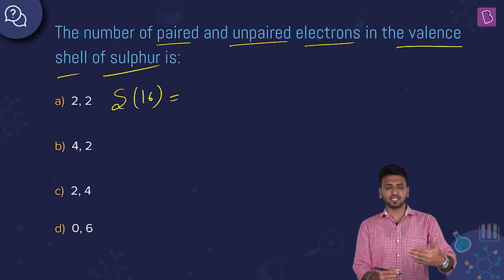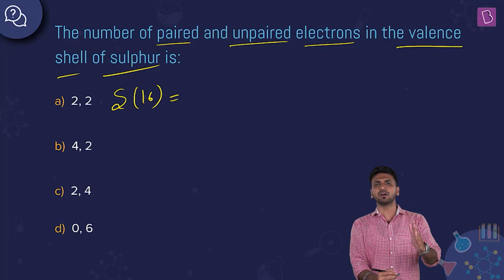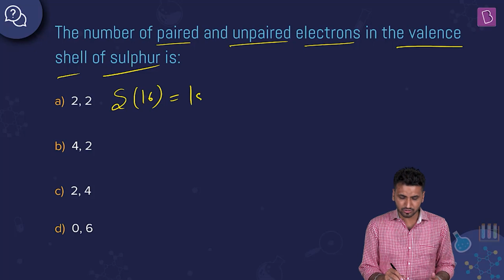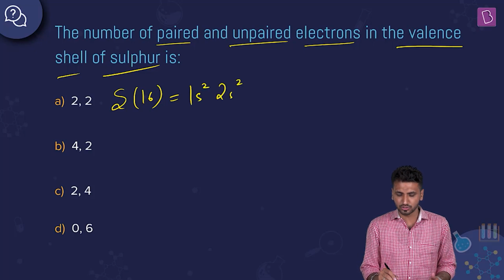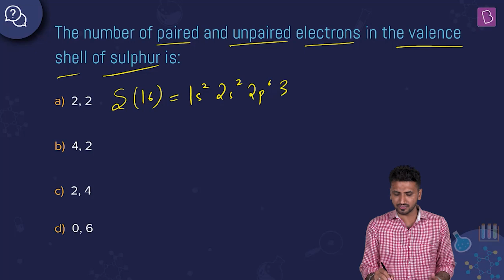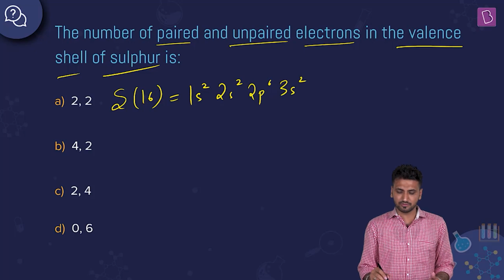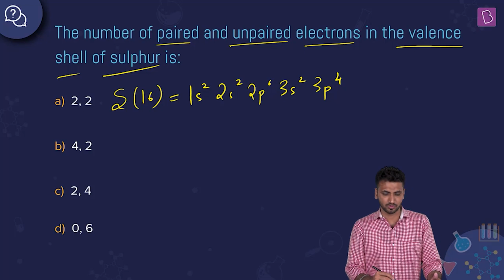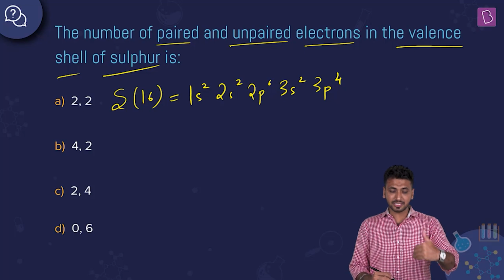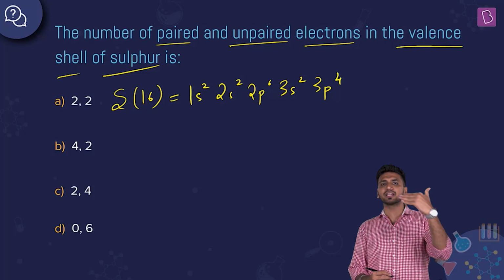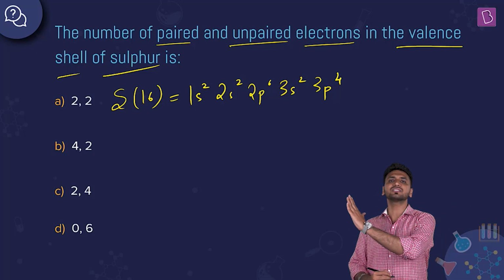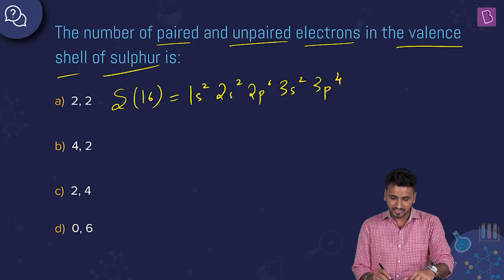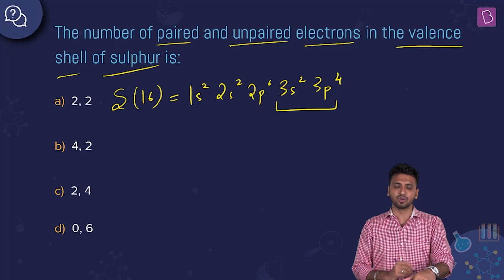So if you just write the electronic configuration according to Aufbau's rules, it will be 1s2, 2s2, 2p6, 3s2, till now 12, 3p4, 12 for 16. Perfect. You have to count the number of paired and unpaired electrons in the valence shell, and valence shell is the outermost shell, that is the third shell over here, right?